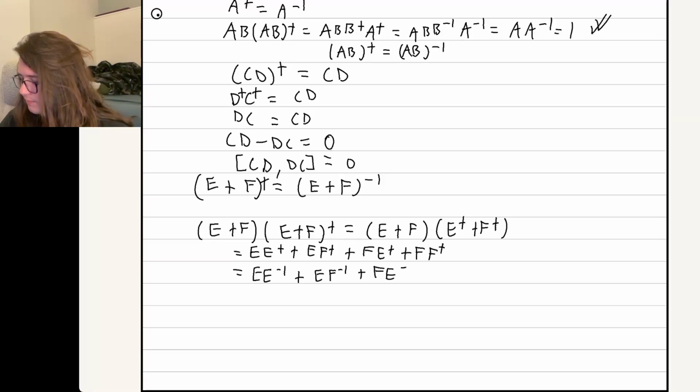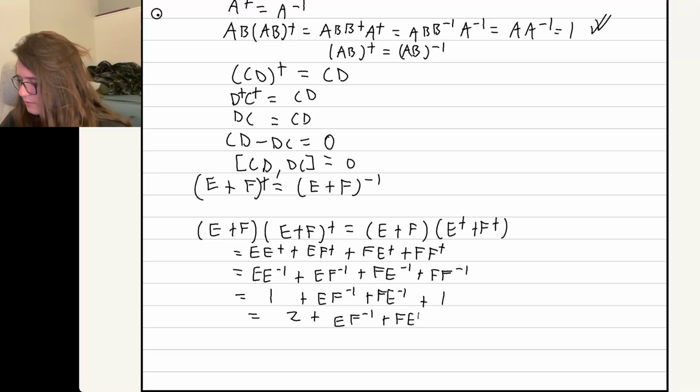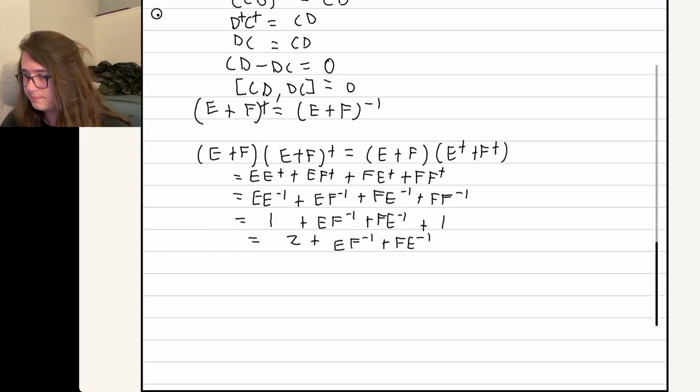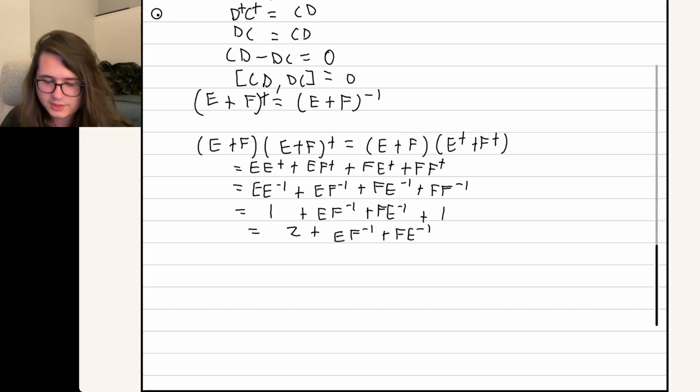So we got E E inverse plus F F inverse, and then that is 1, and this is the same, plus 1. So it's not equal to 1. It's in fact equal to something entirely different, which is a little bit hard to predict. But suffice it to say, it's not equal to 1. So therefore, the sum of two unitary matrices is not unitary.